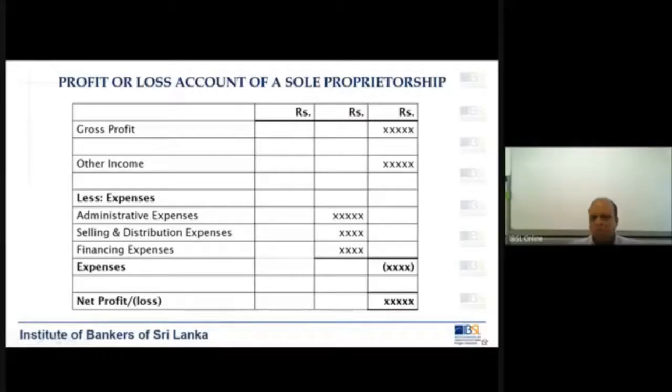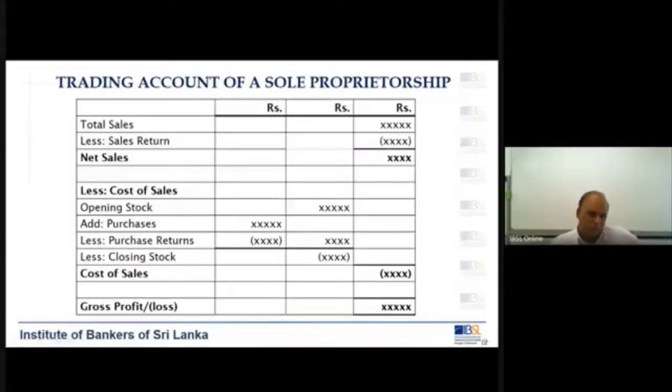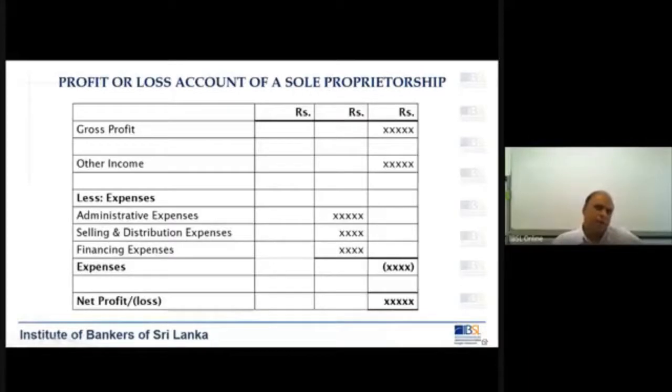That is like if you have an investment, you might have received some income from the investment. Or if you had some fixed assets or any other assets that you might have sold, you will have an income. So to the gross profit, which is mainly focusing on the stocks that you have sold, you can add all the other income to formulate the total income.